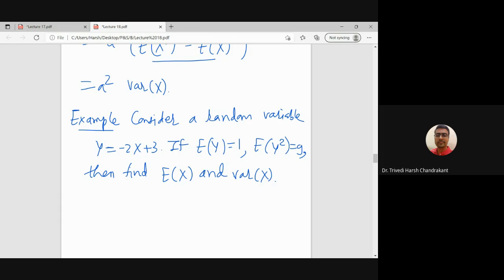So this is a linear equation, so you can find it. The expectation is a linear operator. We know expectation of y, so we can find expectation of x.